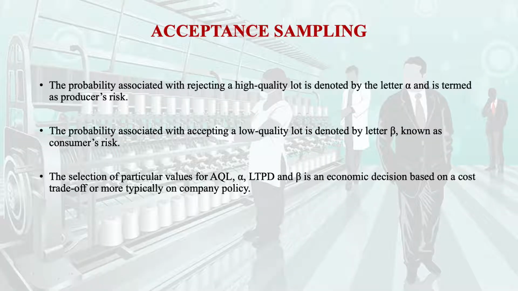The selection of particular values for AQL, alpha, LTPD and beta is an economic decision based on a cost trade-off, or more typically on a common policy.